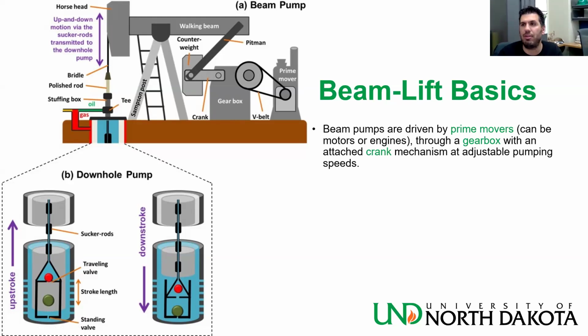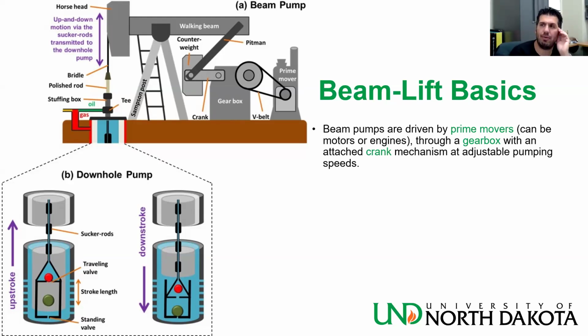The up and down motion is facilitated by counterweights cranked on a gearbox that are rotating. So the rotation is translated to up and down motion of the beam lift using the crank and counterweights. Now the gearbox basically slows down a motion that already was transmitted to it by the prime mover, which is basically a motor, an electric motor, and so on.